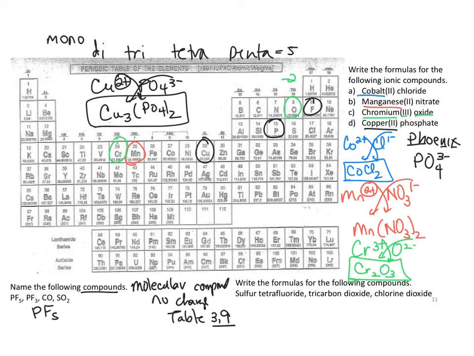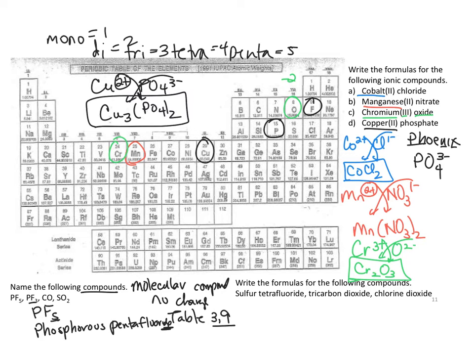So this is phosphorus. The first element always gets its name, whether it's a metal or nonmetal. And then we have 5, so it's pentafluoride. And we still do the ide.